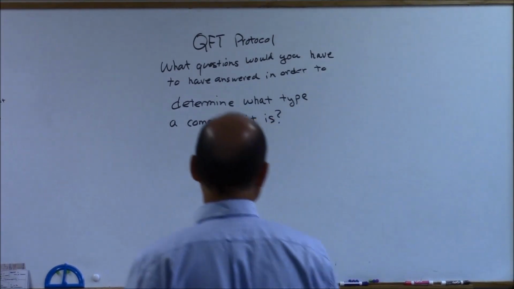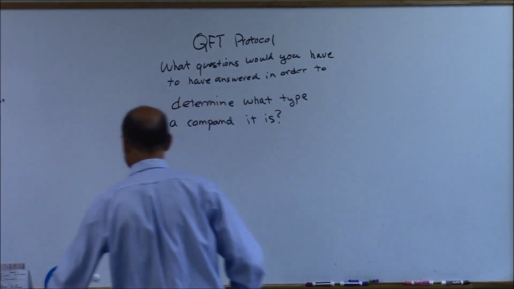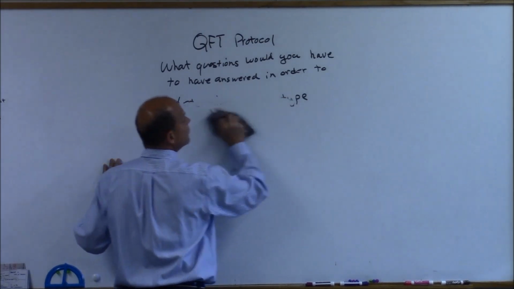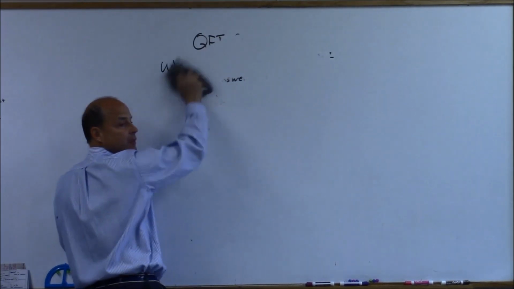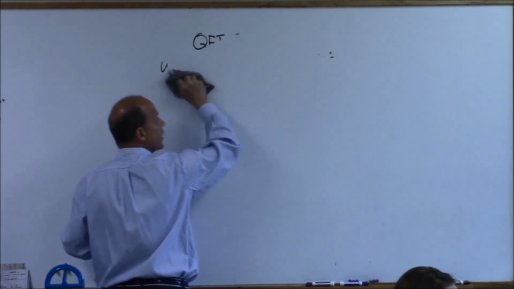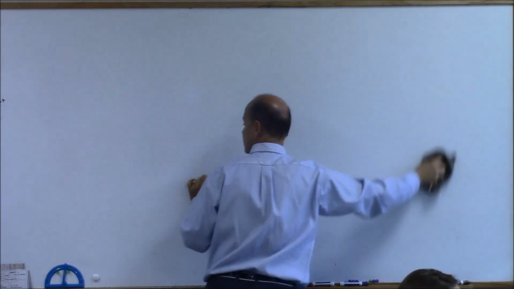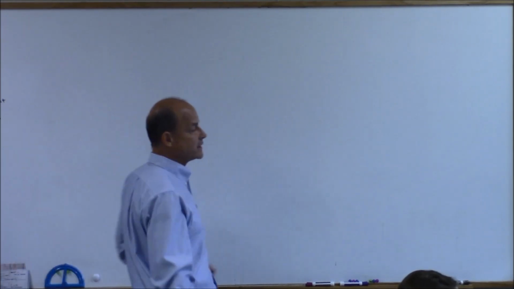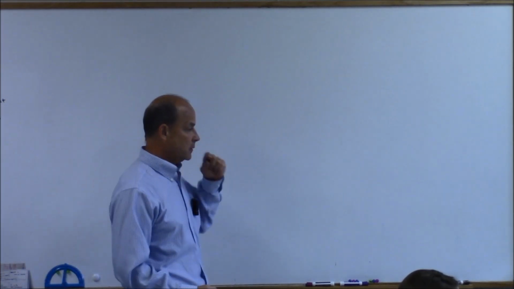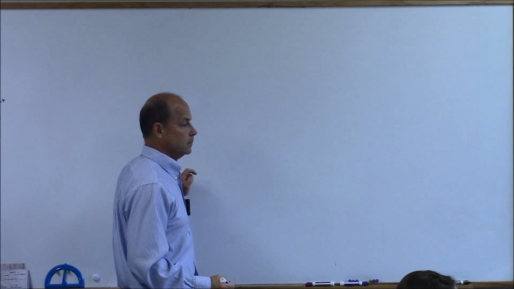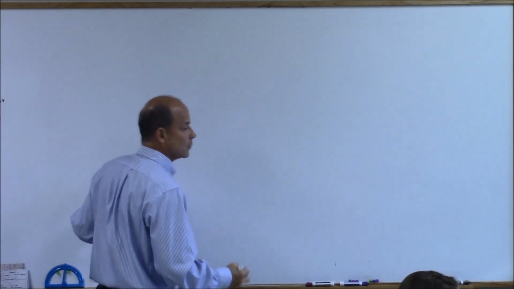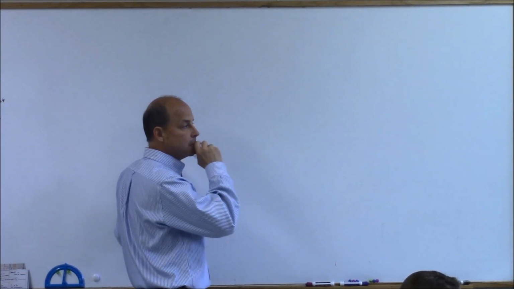Okay, what I'd like to do is come up with a class list of questions. So let's just go around the room. I'm going to start over with Sam's group. What is one question that you would have to know in order to determine what type of compound it is? Does the compound only have 2 nonmetals?